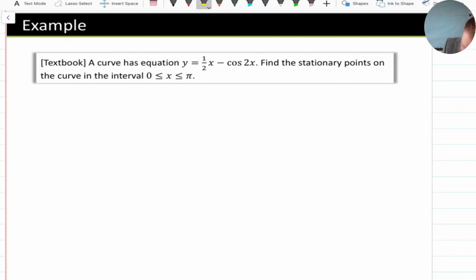So here, the first thing I'm thinking is dy by dx is equal to 0. That is when our stationary point is. Okay, so I'm going to do that by differentiating. So let's differentiate this now. Now I know how to differentiate this from last time. To differentiate a half x is just going to be equal to a half. And we've just learned how to differentiate these parts here. So I'll write down what the equation is.